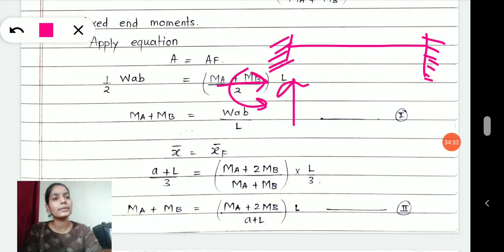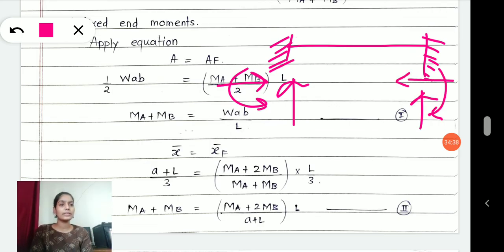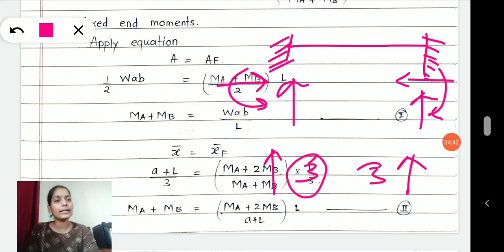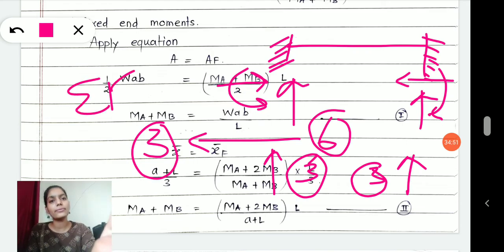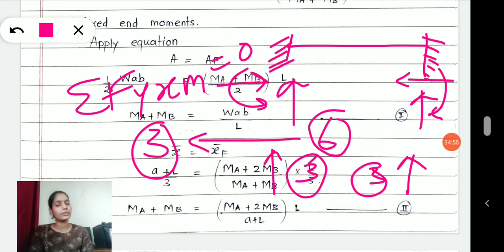How many unknowns are there? 1, 2, 3 at the first support and 3 at the second support. Total 6. How many equilibrium equations do we have to solve any structure? 3: summation of Fy, Fx, and summation of moments equal to 0.